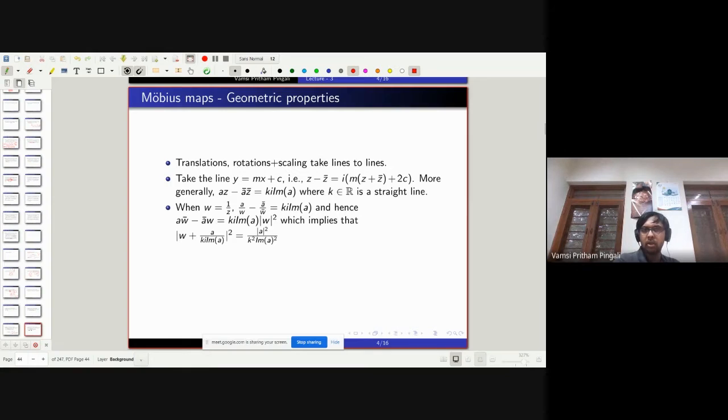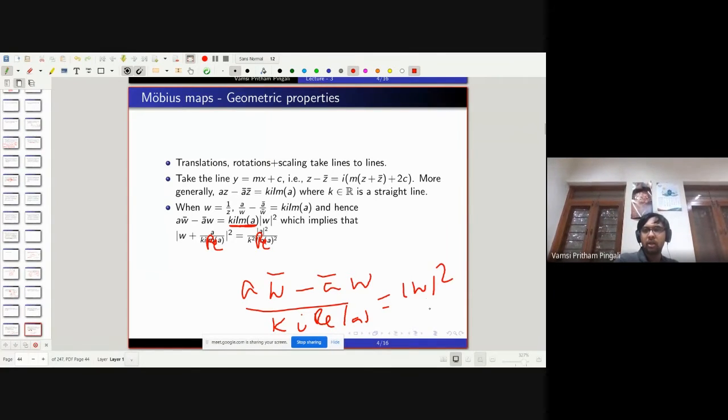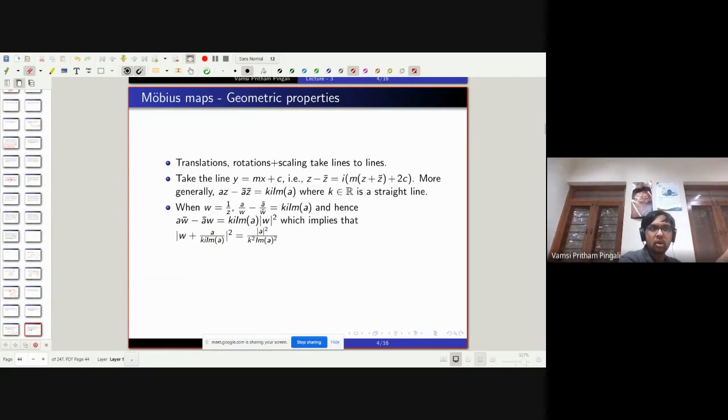Because I can divide by this quantity on both sides, I can say that (a w bar minus a bar w) divided by (k i real part of a) is mod w square. And I can complete the square and I can get this, right? So let me just remove this. Once again, there's a typo. It's not the imaginary part, it's the real part.